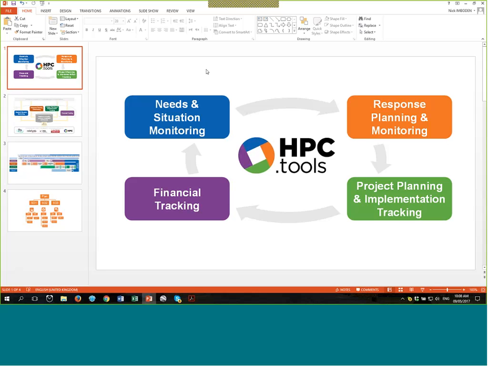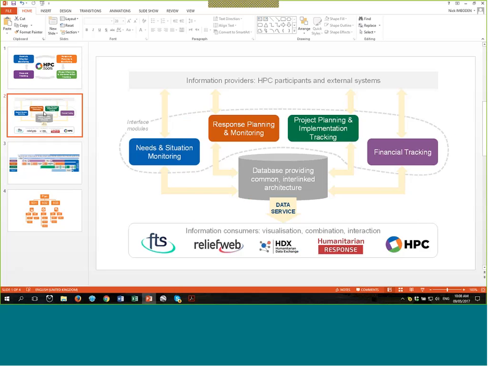And then eventually we will also be looking at improving the support for ongoing needs and situation monitoring. So all in all, the idea is that we can develop systems and services that support every aspect of the HPC, but that connect fluidly and seamlessly to each other.